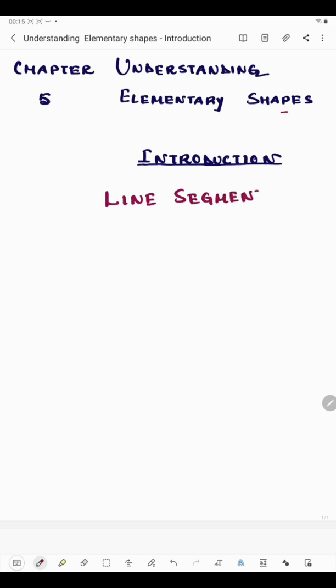So, a line segment is a part of a line which has two endpoints, and a line segment has definite length. Like here, if I tell you to draw a 4 centimeter line segment, suppose you have started drawing and up to this is 4 centimeter.